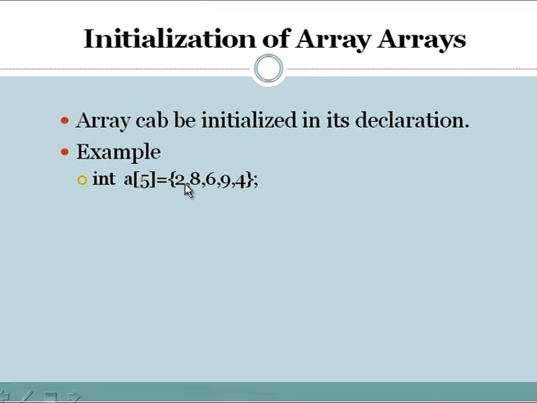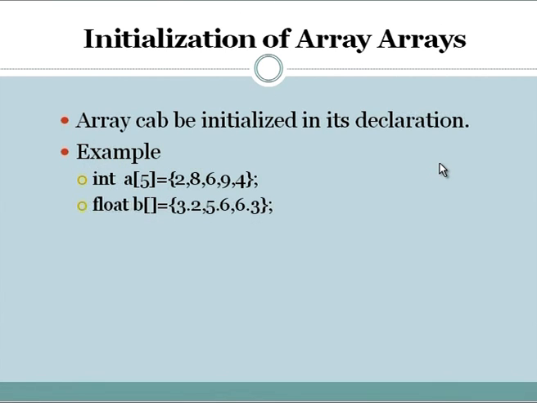Now here the first element will be initialized to the value 2, comma separates two values. 8 will be assigned to the second element, 6 to the third element, 9 to the fourth element, and 4 to the fifth element of the array.